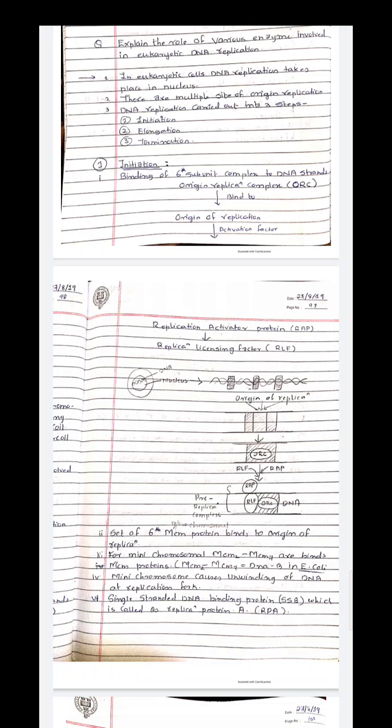In prokaryotes it is very simple and very few enzymes are used compared to eukaryotic cells. That's why you have to understand it step by step.